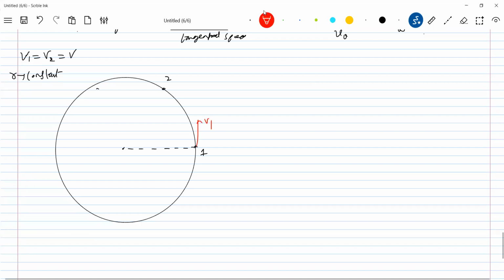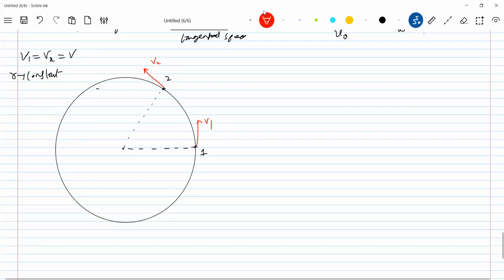It will be directed along the tangent. Look, there's a change in direction. Go back to the kinematics definition: a particle is said to be accelerated when there is a change in speed or change in direction.